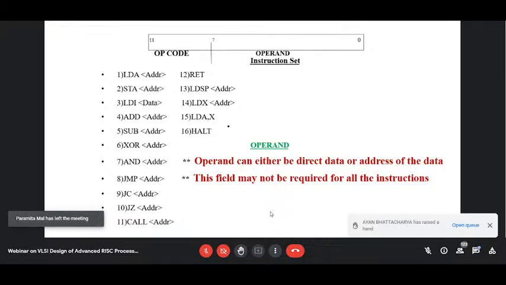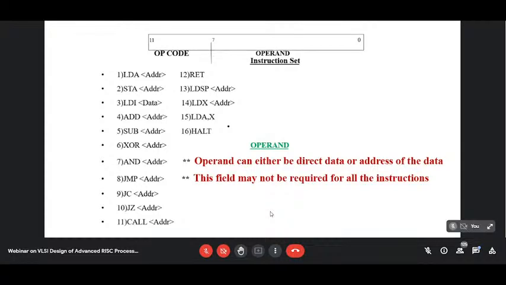So call address means it will go to a specific subroutine given by this address. Once that subroutine task is over, there must be a return instruction, and return will return you to where the call was taken. Let's say the call was taken when the program counter location was X. So X plus 1 would have been the next instruction to be executed. But since it's a call, it will go to that address. But once it is over, it will come to X plus 1.